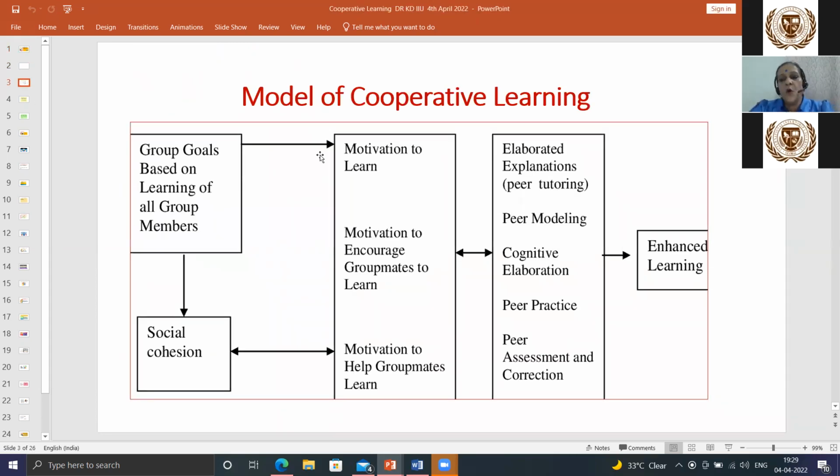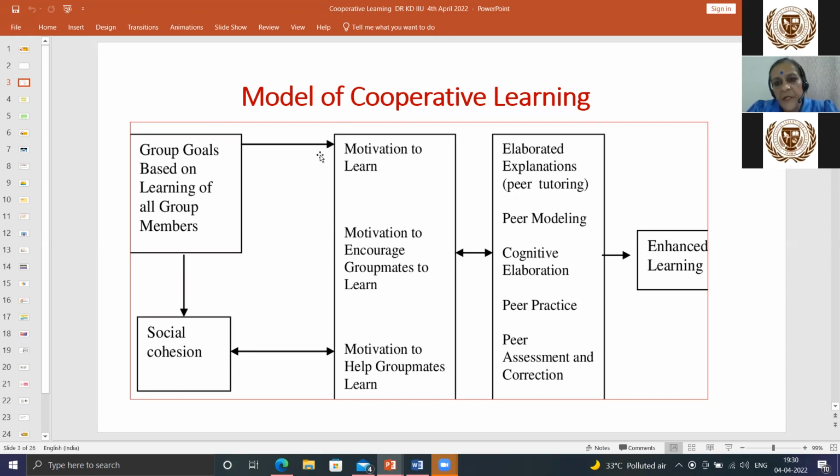This is the model of cooperative learning. Cooperative learning works as a synchronized system, with the group goal based on the learning of all group members. Then motivation to learn, motivation to encourage group mates to learn, and motivation to help group mates to learn.